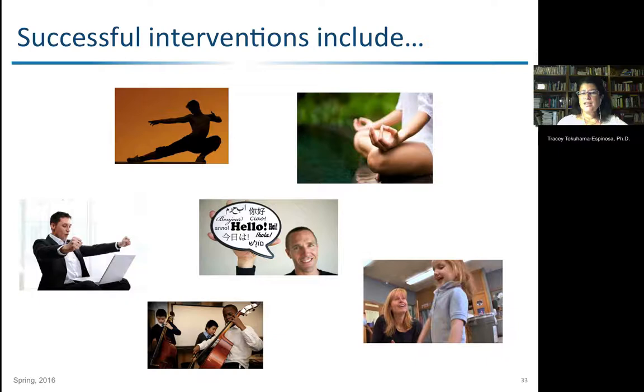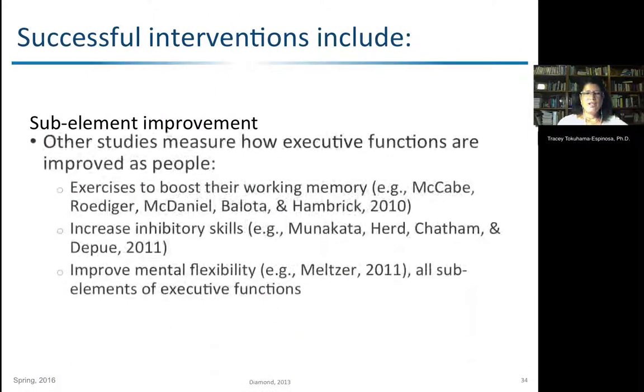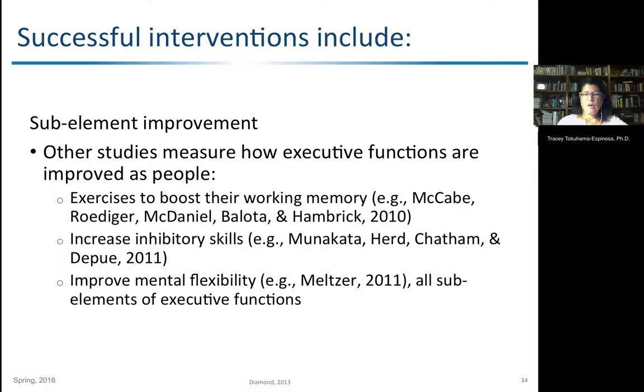Many people say that successful interventions, well, this helps you with attention, or this piece helps you with working memory, or this piece helps you with cognitive flexibility. But do any of these exercises, activities or interventions actually attend to all executive functions? As we mentioned, there are many sub-elements that can be improved.